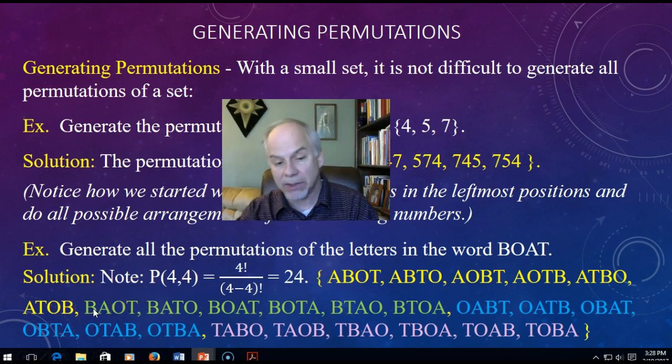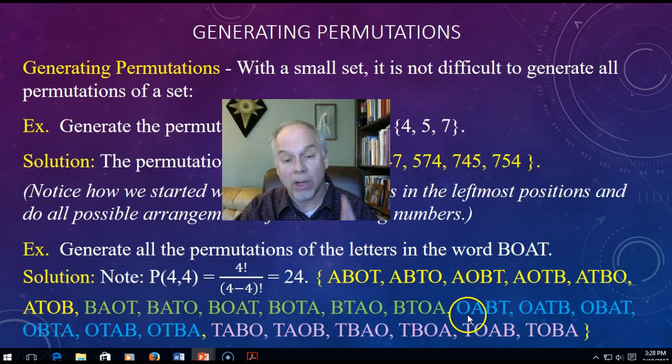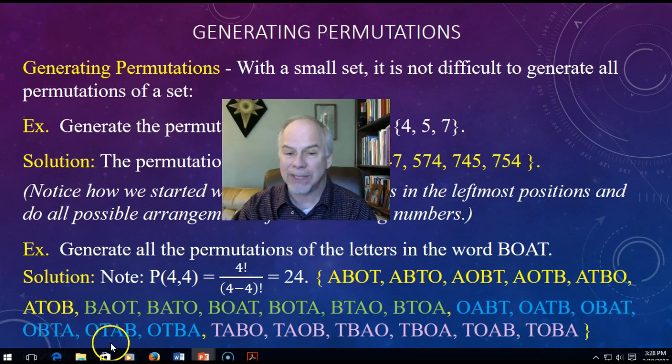Now let's go on to start with the letter B, the next higher letter. So B-A-O-T, B-A-T-O, B-O-A-T, B-O-T-A, and then B-T-A-O, B-T-O-A. All right, then we'll go to the next letter, O. So O-A-B-T, O-A-T-B, O-B-A-T, O-B-T-A, O-T-A-B, and O-T-B-A.